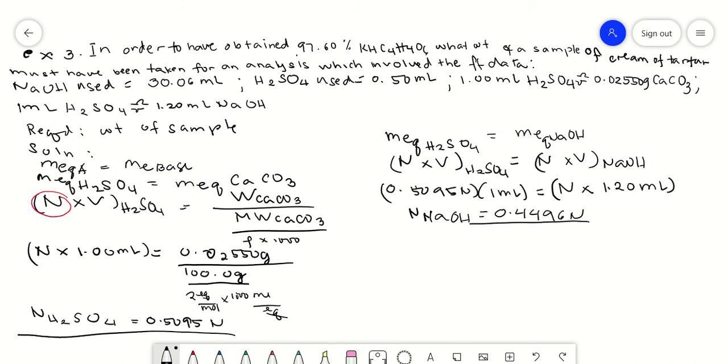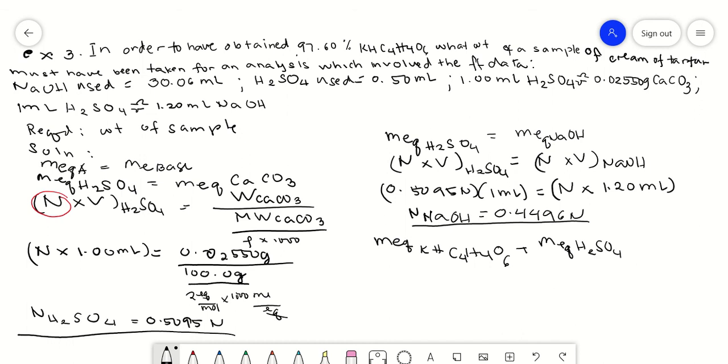normal. Now, how are we going to determine the weight of potassium bitartrate, or cream of tartar? So we make use of this formula: milliequivalents of potassium bitartrate, plus the milliequivalents of sulfuric acid that we have used in back titration, is equal to milliequivalents of NaOH.